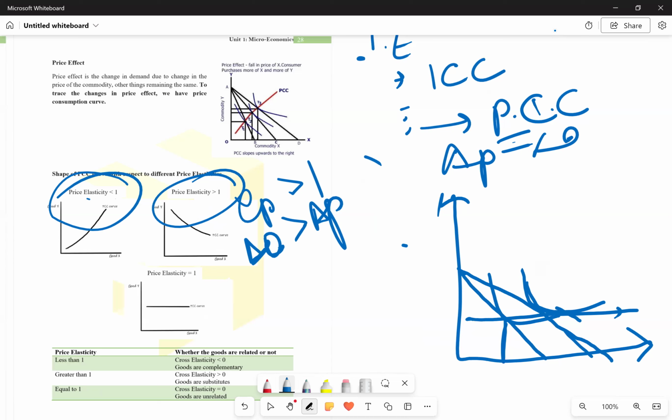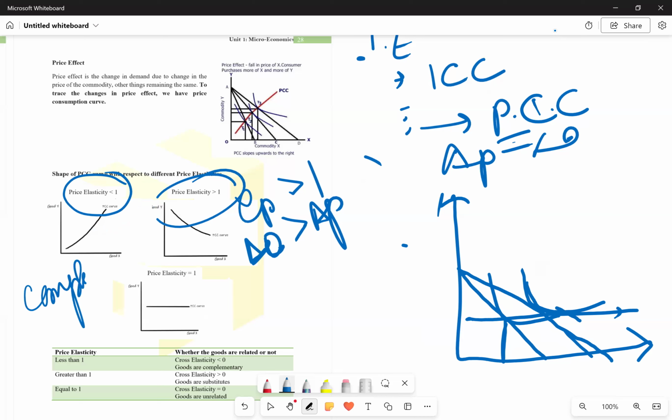Now, anything till now? No, ma'am. Okay. So why do we say that when price elasticity is less than 1 and your PCC curve is upward sloping, then the goods are complementary in nature?